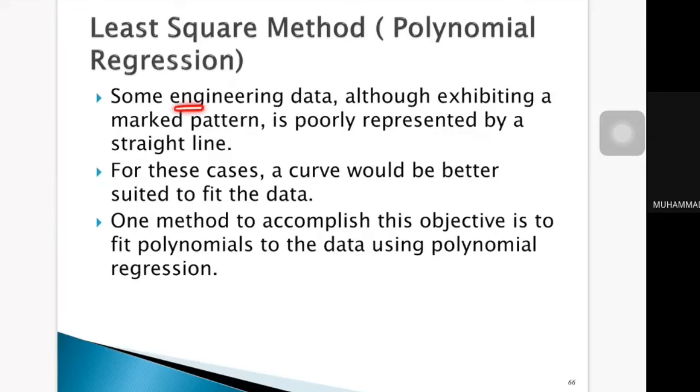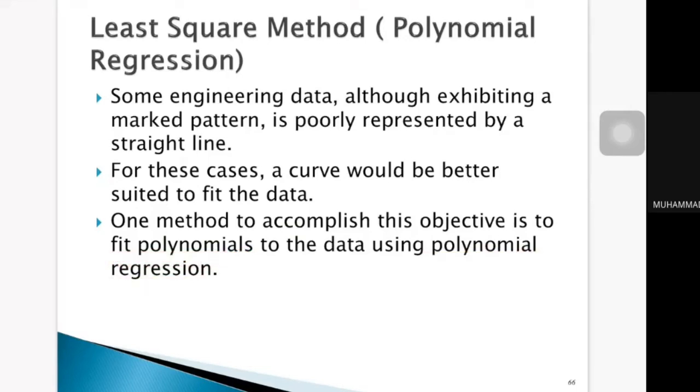So some engineering data, although exhibiting a marked pattern, is poorly represented by a straight line. Okay, for these cases, a curve would be better suited to fit the data. So one method to accomplish this objective is to fit polynomials to the data using polynomial regression.